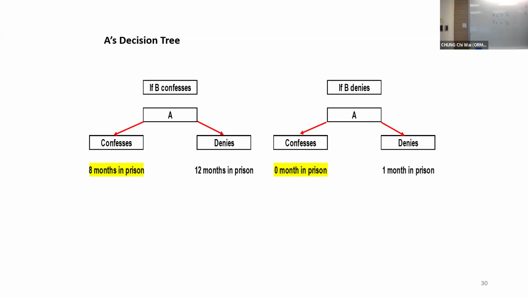Now at the end, 8 months in prison is better than 12 months. Also here, no months in prison is better than 1 month. Similarly, I've used a tree diagram to identify the best response of A to the decision made by B, and the dominant strategies of B.